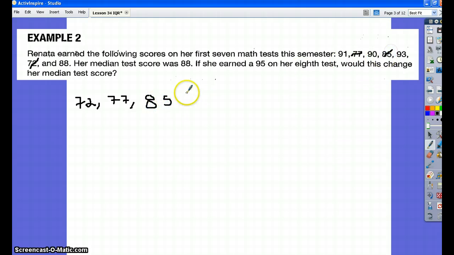Cross it out as I go along. 88 is the next one. 90 is the next one. 91 is the next one. 93 is the next one.